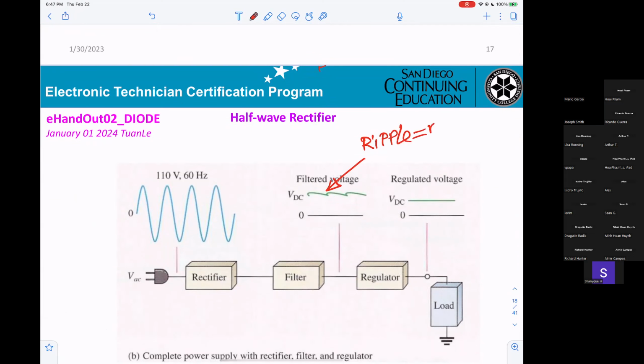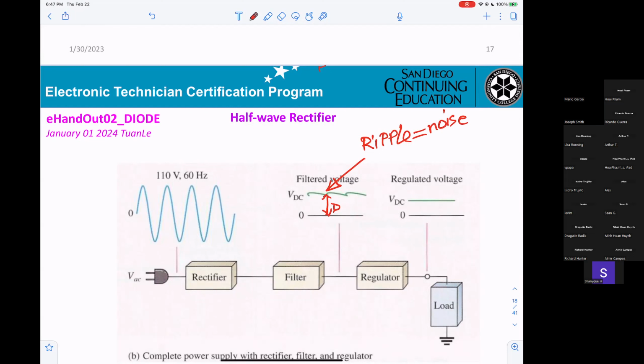Or that is the noise. From here to here is DC. On the top of the DC, you can see they get a little bit here. That's what they call ripple or the noise. By basic definition, what is the noise? AC riding on DC.